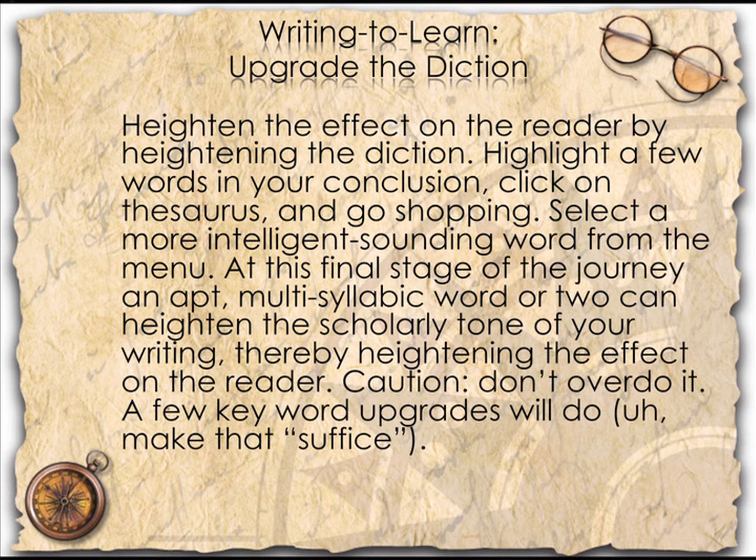This can effectively heighten the scholarly tone of your writing, thereby heightening the effect on the reader. So instead of simply writing, say, he likes her, write he venerates her, he reveres her. This will heighten the scholarly tone, the intelligence of the diction.